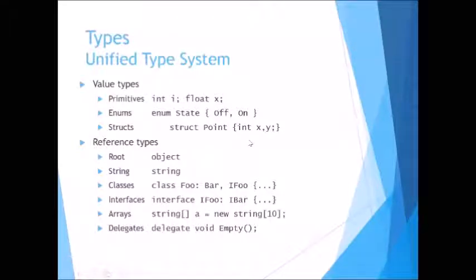Reference types: object, string, class, interface, delegates. These are reference types, these are value types. Primitives like int and float are value types. Enum is a value type, struct is a value type, but reference types are object, string, class, interfaces, arrays, and delegates.